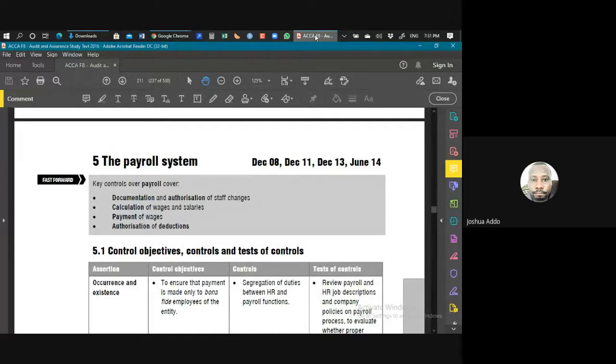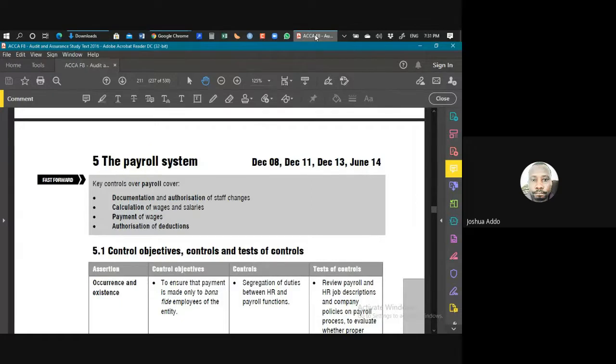There are other complications like deductions. Some are statutory deductions, taxes, and others. Mostly the complication comes in the form of deductions. Sometimes there could be other deductions that are not statutory.